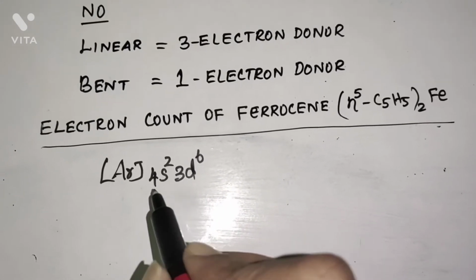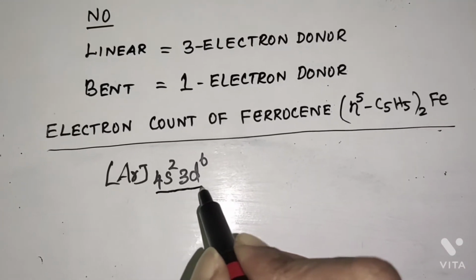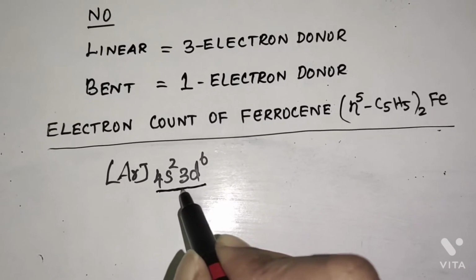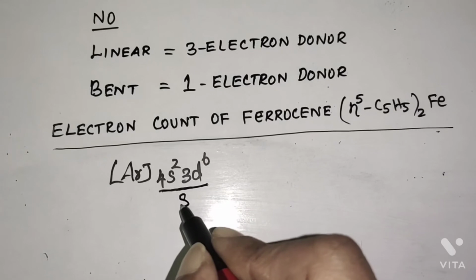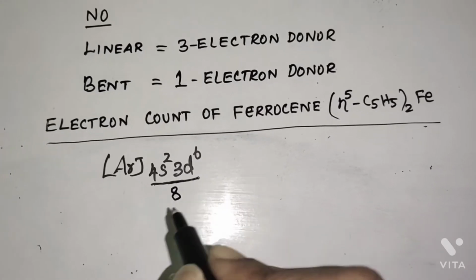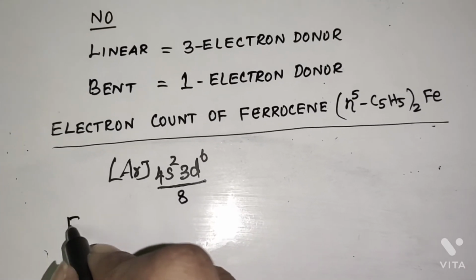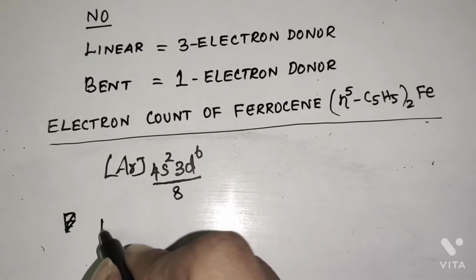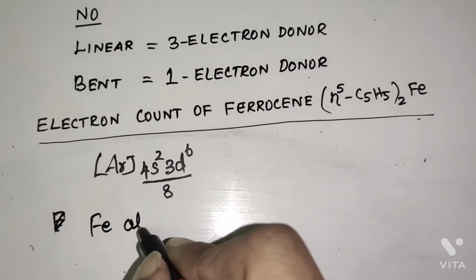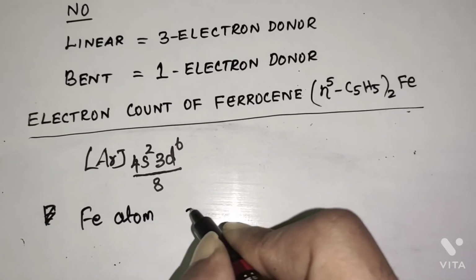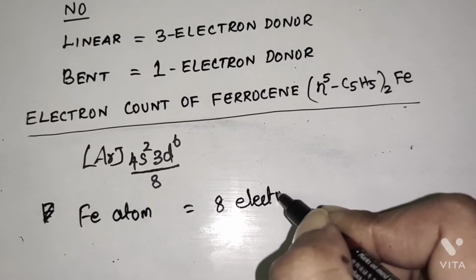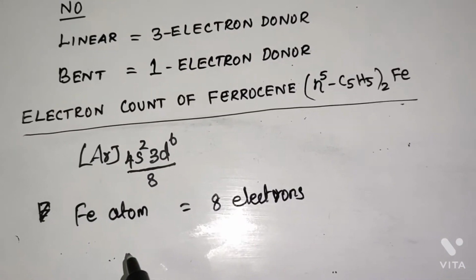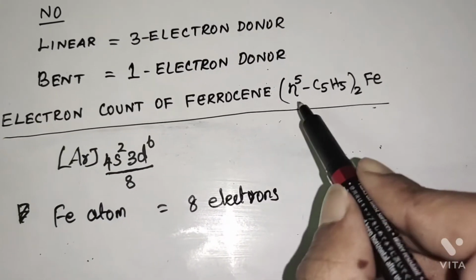But in this method, we take all the outermost orbital electrons. Therefore, 8 electrons are present in the outer orbitals. The Fe atom has 8 electrons.